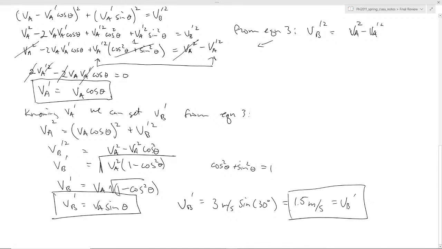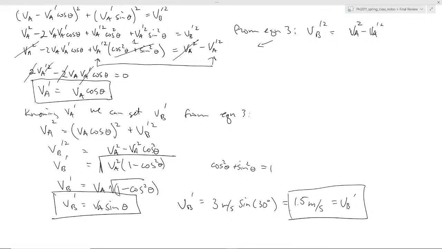So there you go. That's an example of momentum conservation in 2 dimensions. A little more complicated example, we had 3 equations and 3 unknowns. We did some trig relationships to eliminate an angle, and then we did some substitution to get an expression that was just for what we wanted, and found the velocity that we were looking for.